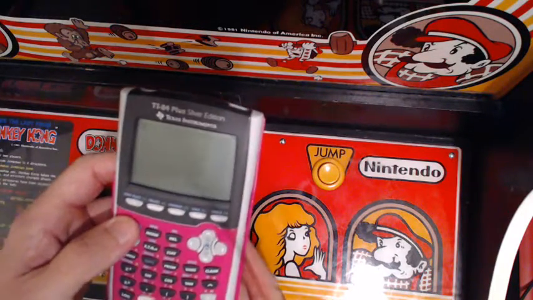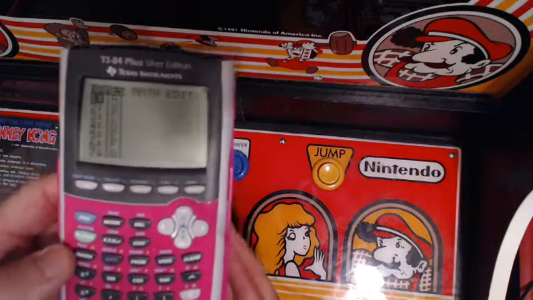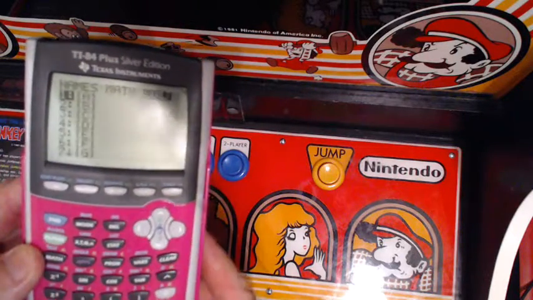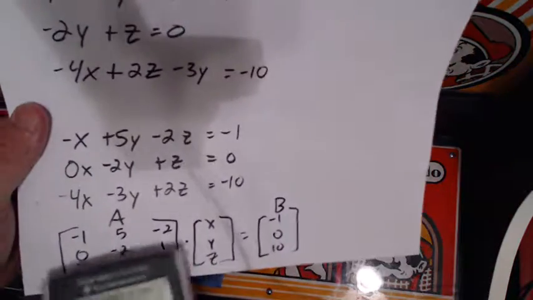But look, if I go to second matrix and look at my matrices, all I'm going to do is go over to edit and put in a 3 by 3. The 3 by 3 that I'm going to type in is this one right here.